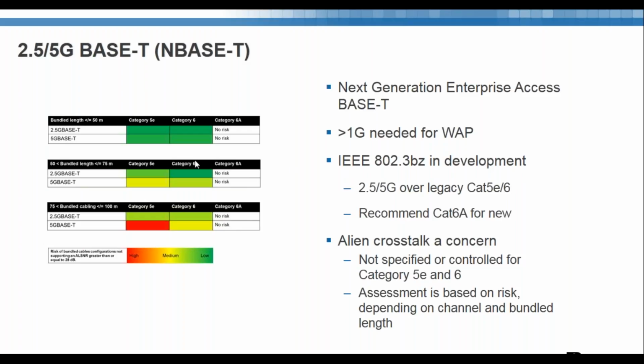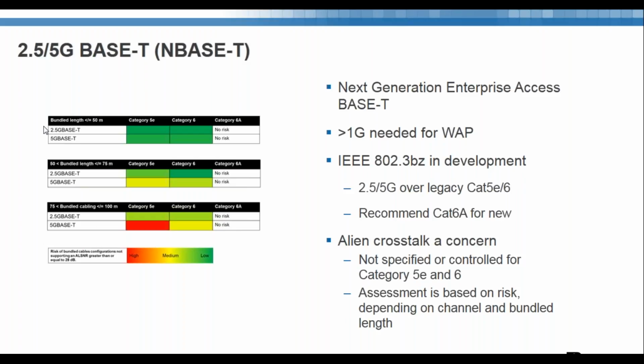So if you look over on the right, green is good, right? Yellow is not so good, red is not good at all. The top chart is bundled length less than or equal to 50 meters. What this is telling you is that for Cat5e and Cat6A there's no risk for running 2.5 gig or 5 gig over those existing cables.